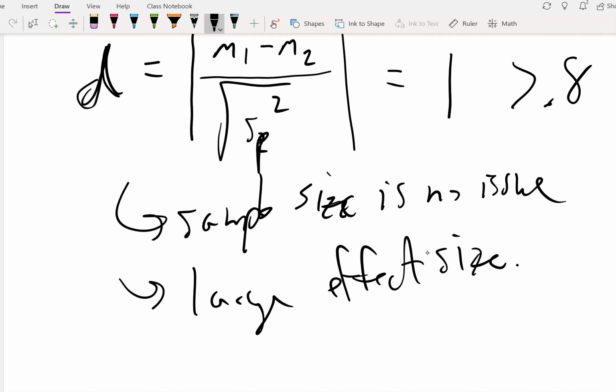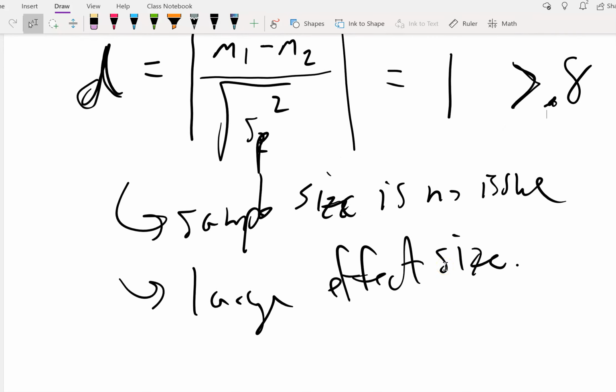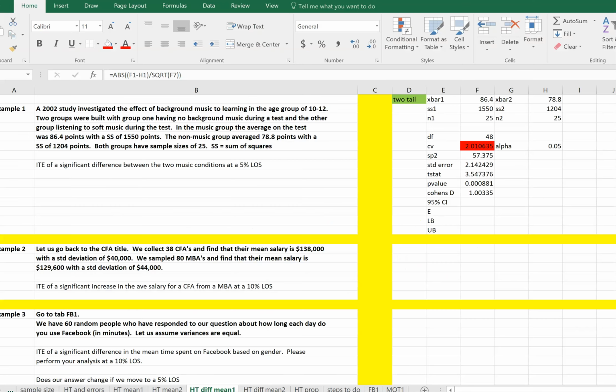It's saying, let's get rid of the sample size, because some people fight us in research about needing a sample size too big or too small, and it messes with your results. Cohen's D is a way to look at that and say, based on my Cohen's D, I have a large effect size, which means sample size is no issue. Cool. As you notice, I'm plowing through these results. I know I rejected because my statistic was over my critical value.